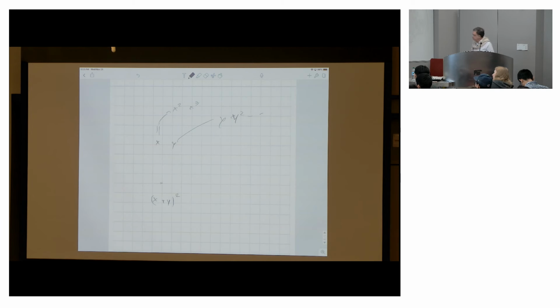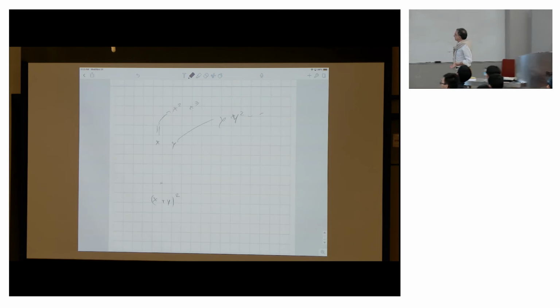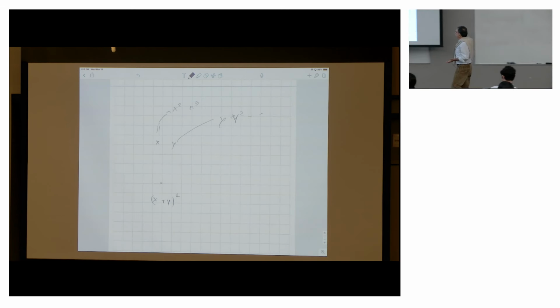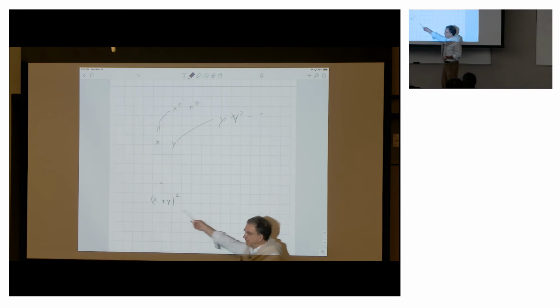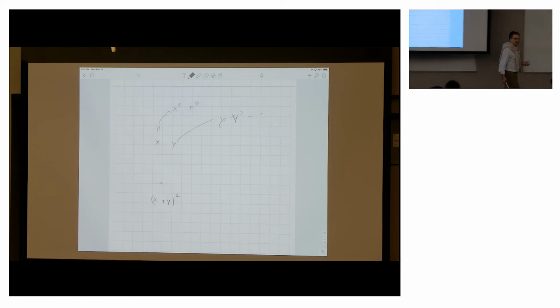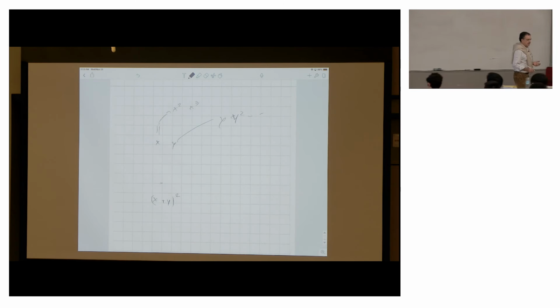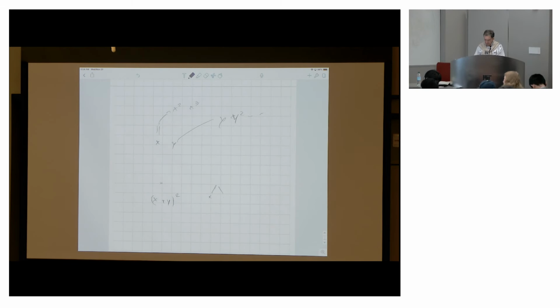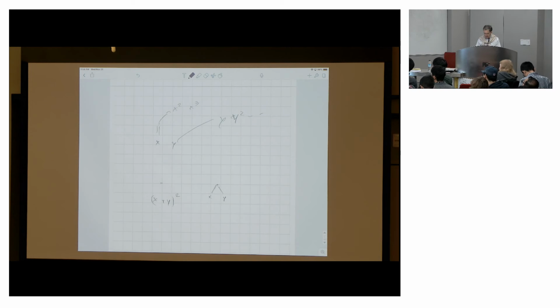Now I want to use another unit and a linear combination of it to get the x times y. And so this can be done by having x plus y, and then I have the nonlinearity square. And then I can subtract another unit where I take x minus y, and I take the square, right?